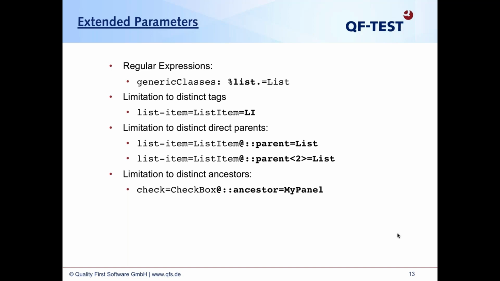QF-Test itself doesn't know about myPanel and doesn't know about features of myPanel, so it cannot execute any special checks there, but just the checks which are normally available for the corresponding DOM node. But we can use it here as a selector for special elements or for references. And as well, you can limit it with the number in square brackets afterwards, so that only up to the 5th level the entries should be a myPanel element.